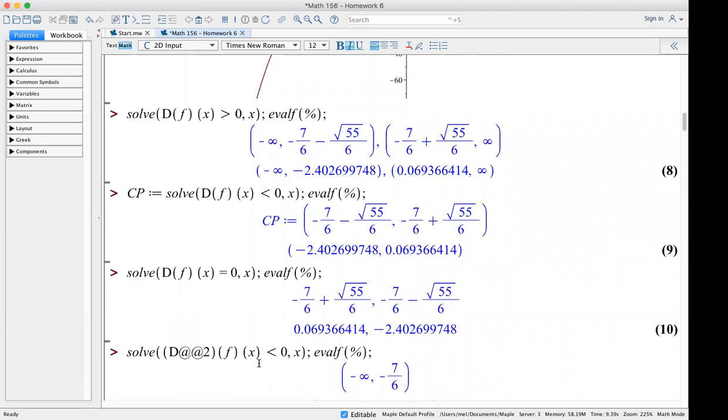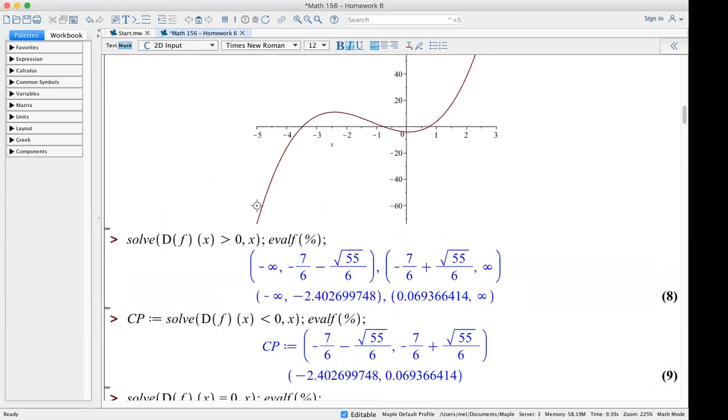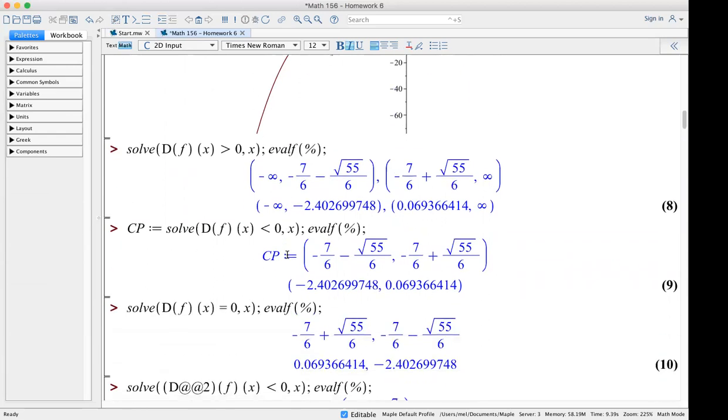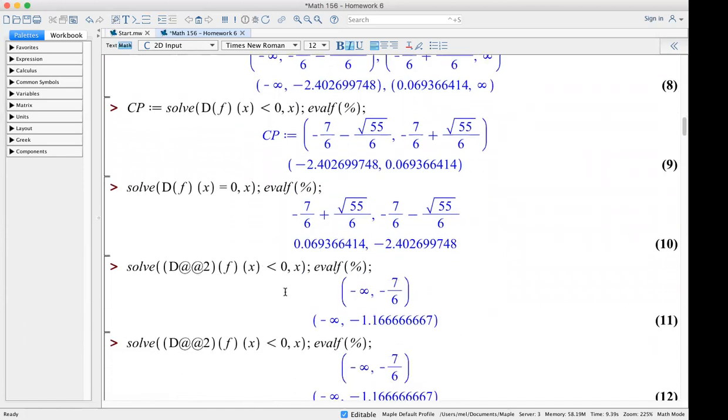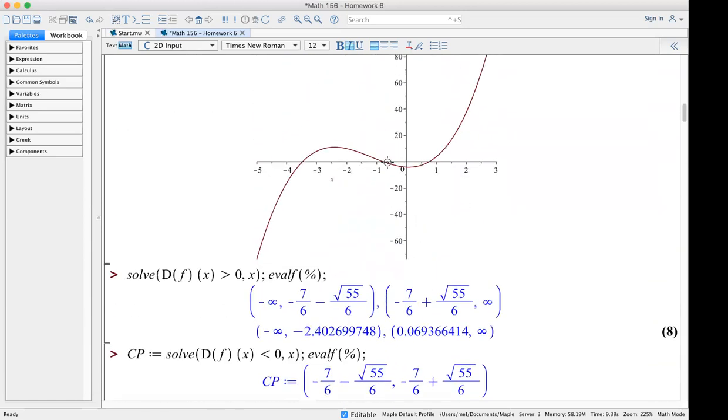If we look at the second derivative, here it is. It's negative in this interval, so the curve is concave down in this interval. Whereas the second derivative is positive on this interval, so here the curve is concave up.